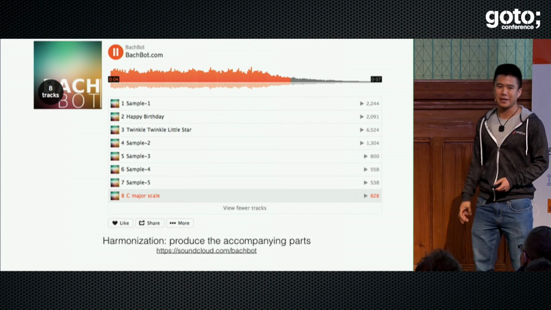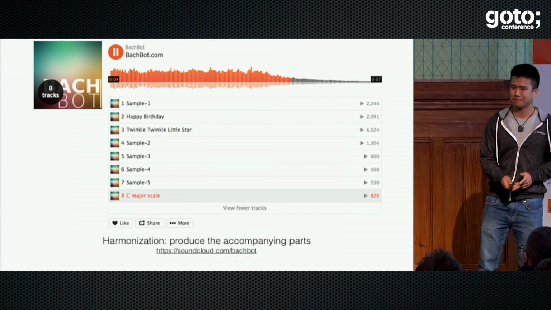Kind of convincing. It's almost like a Baroque C major chord progression.